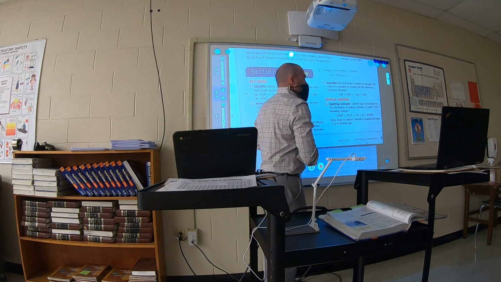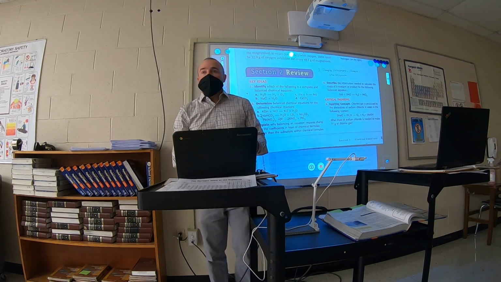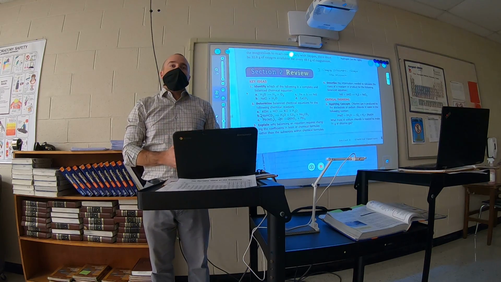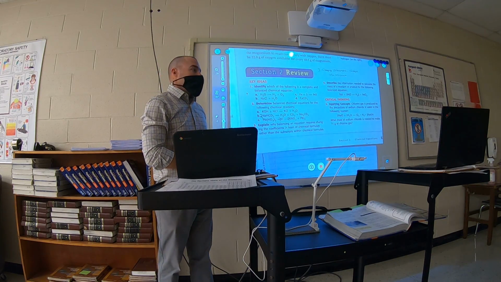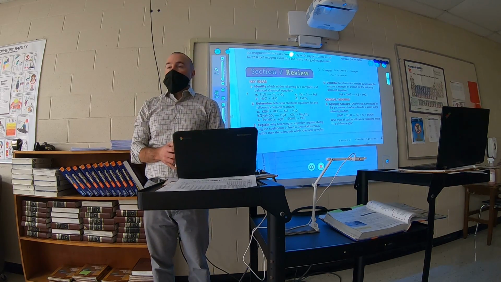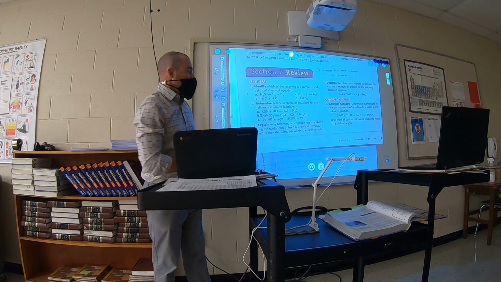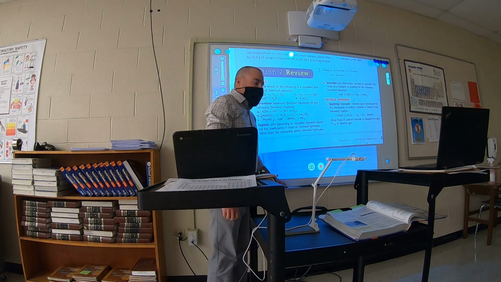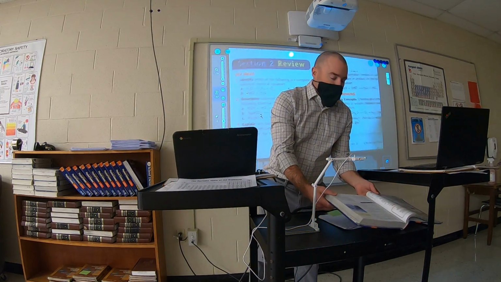So if we change H2O to H2O2, it's no longer water, right? That's why you can't change the subscripts. But you can add a 2 in front of it and say we have 2 waters, is all that we're saying, by adding coefficients. So let's talk about the worksheet now.